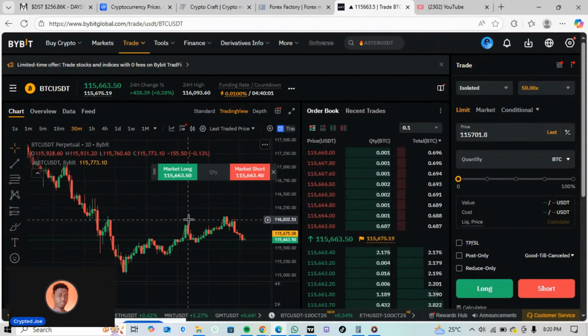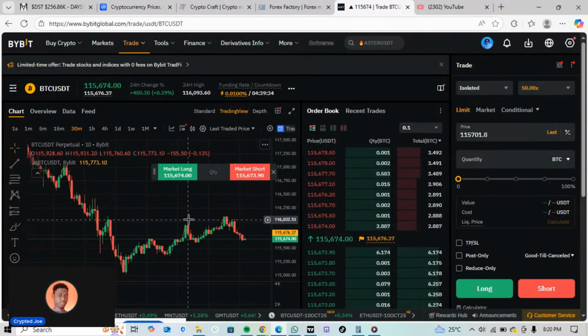Basically, how to place and manage trades on Bybit, so that you do not lose more than the amount you set to lose, or lose all of your account, or manage your risk in a poor manner.